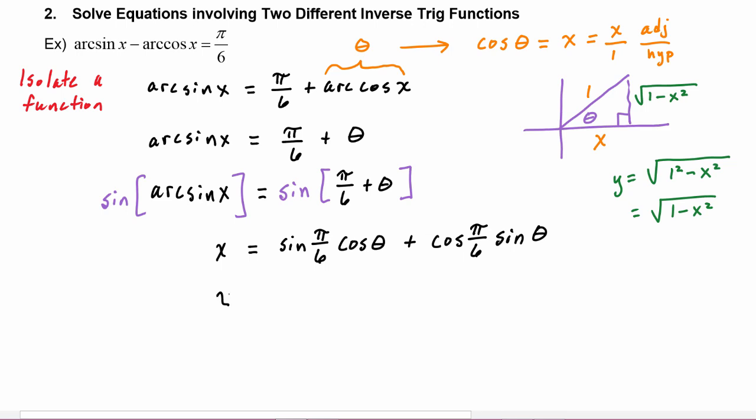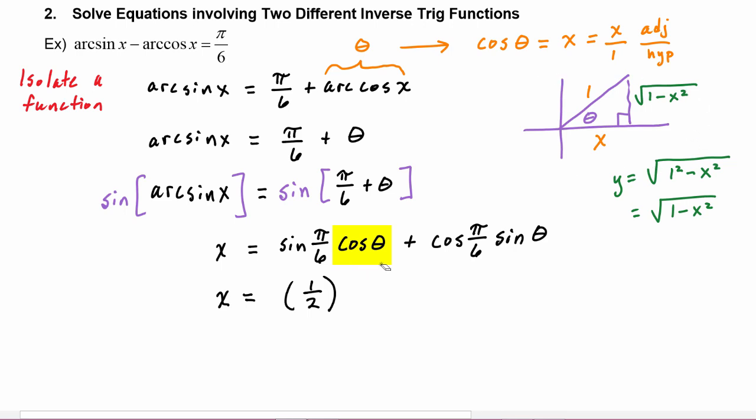Our equation becomes x is equal to, we know that the sine of pi over 6 is 1/2. Now for cosine theta, we can use our picture that we made.